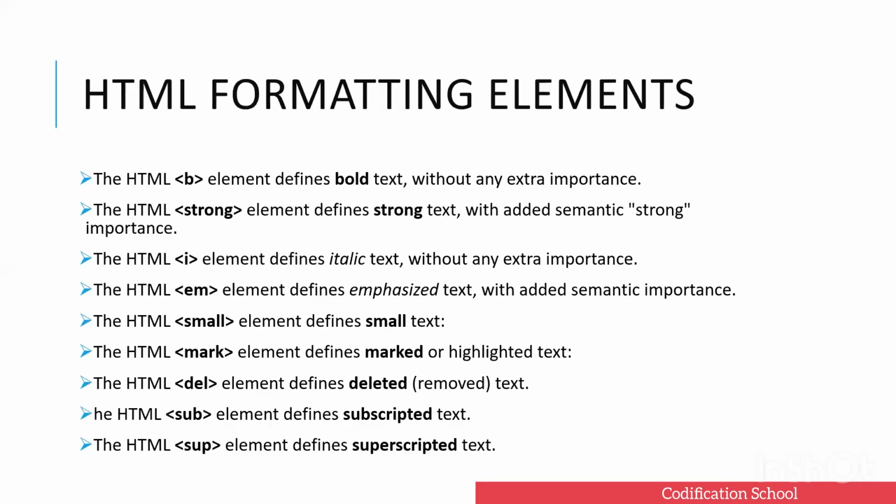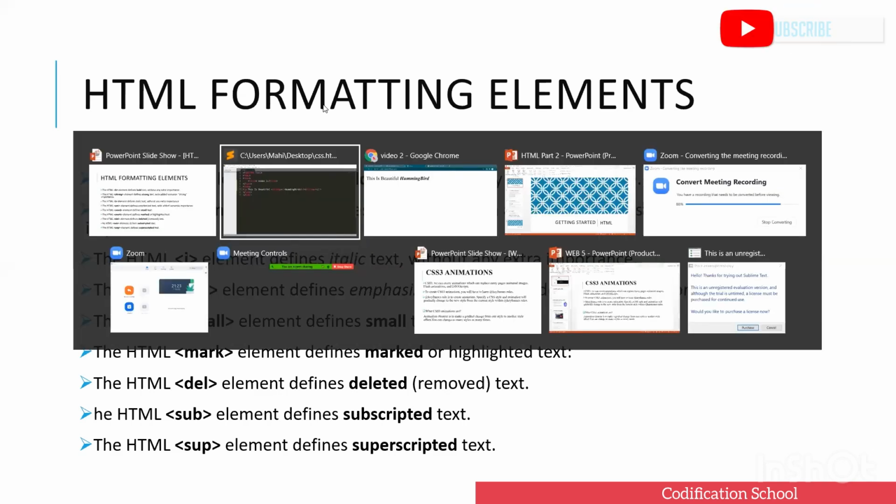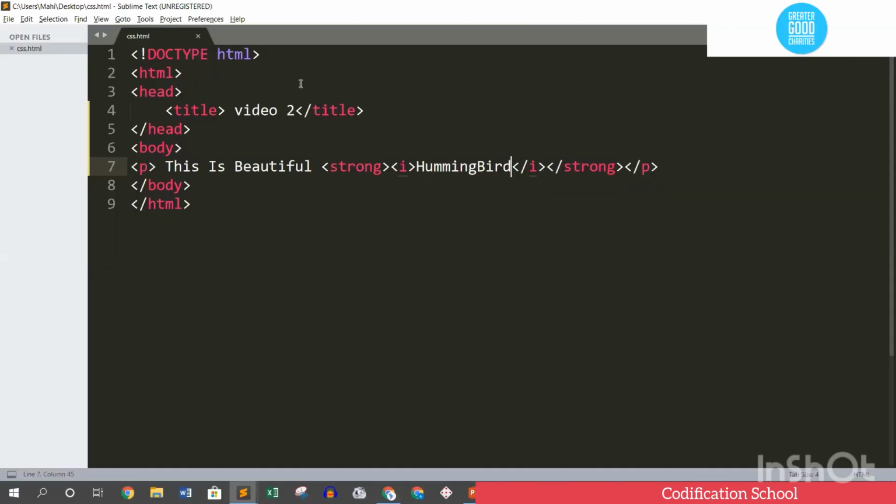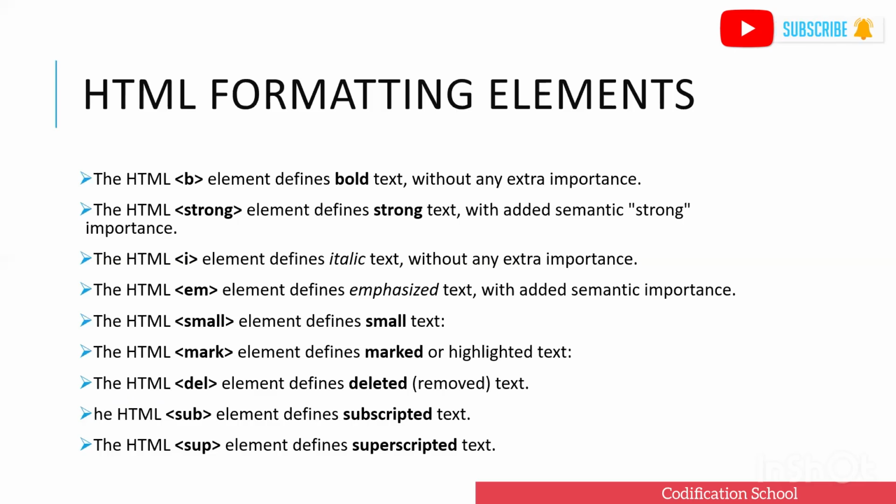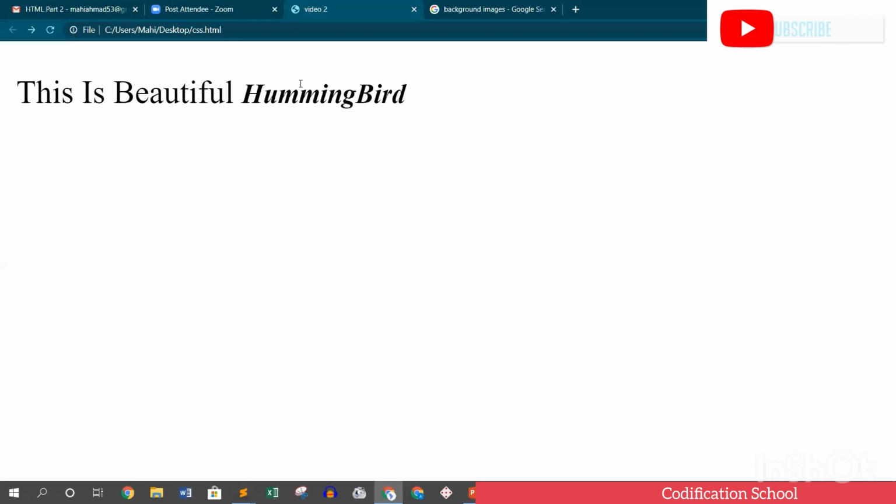So now we'll be checking out small and mark. So let us see what happens with the small. I'll again go back and delete this and write small, and then write hummingbird again. Saving it, and Control plus R. So it became smaller than the previous font size that we had.